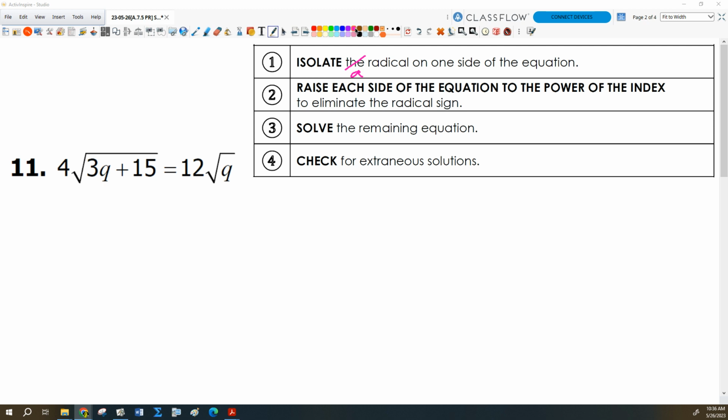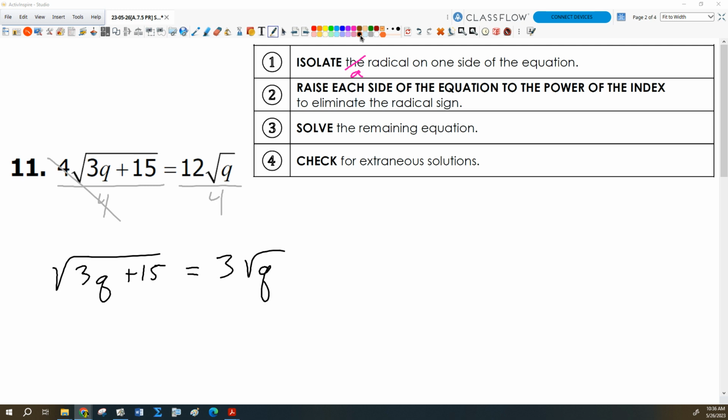So if we divide each side through by 4, those guys cancel, and I end up with the square root of 3q plus 15 equals 3 times the square root of q.